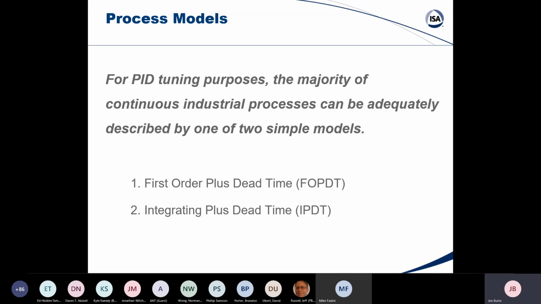And those are the first order plus dead time model, abbreviated as FOPDT, and the integrating plus dead time model, or IPDT model. So does that mean that these magical models will perfectly match any process that we have? No, it doesn't. Actually, they'll never be perfect, but they do a great job for PID tuning.